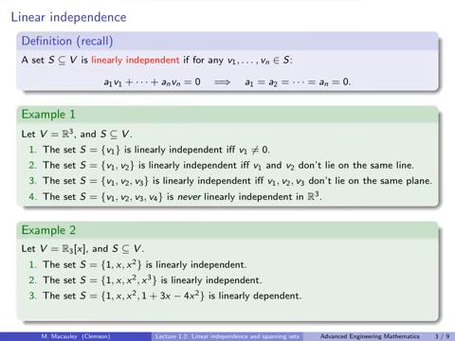Next, the following set containing 1, x, x squared, and 1 plus 3x minus 4x squared is linearly dependent. So to show this is true, you have to show that this implication up here fails, meaning you have to produce a way to write the 0 vector, or the 0 polynomial, using these 4 elements.